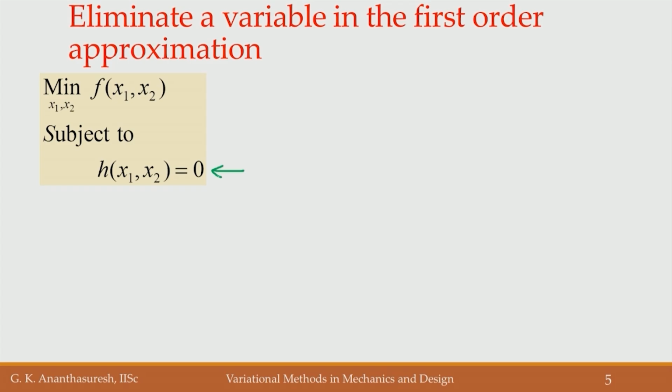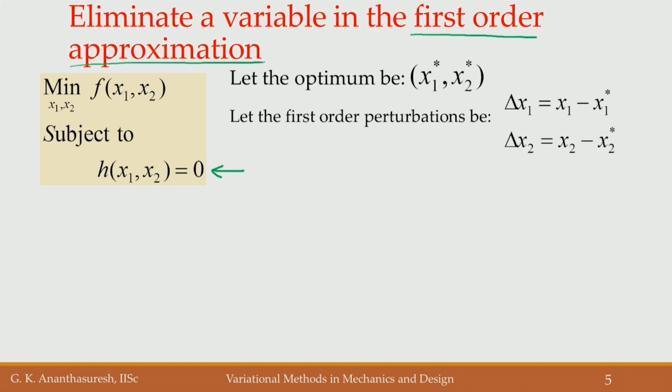In that case, we go to the first order approximation. Okay. So, we think about this small perturbation. Let us say that the optimum is given by x1 star, x2 star. At that point we will consider this perturbation.